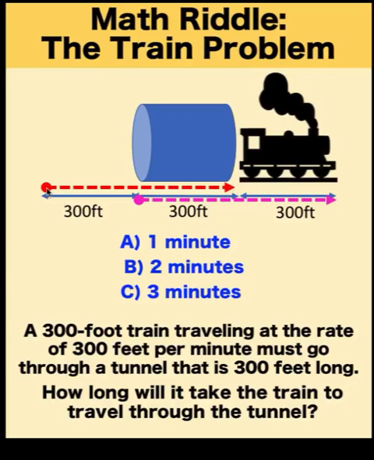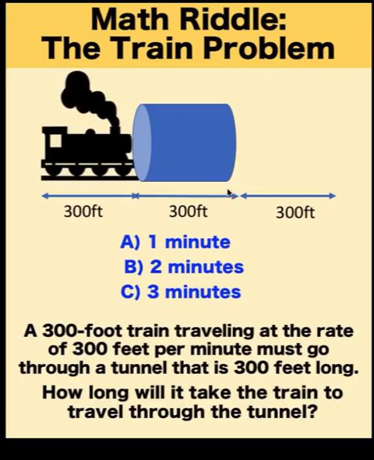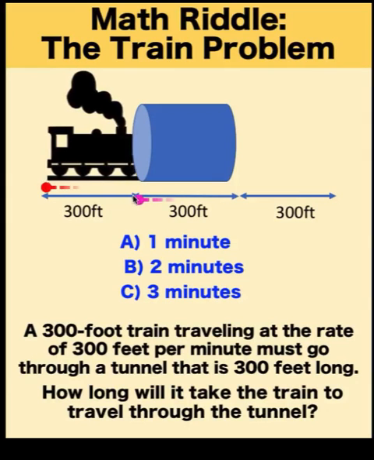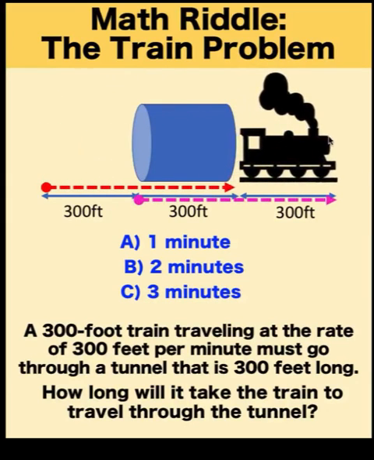And so this red arrow represents the total distance traveled by the train. On the other hand, if our point of reference is the front of the train, notice that the front of the train must go all the way up to this point in order for the back of the train to emerge outside the tunnel.